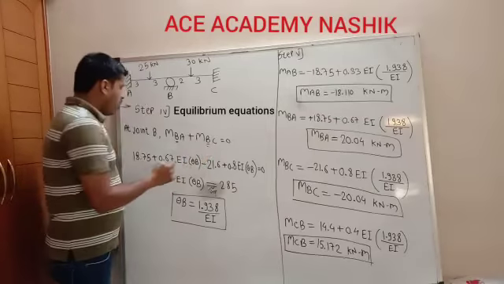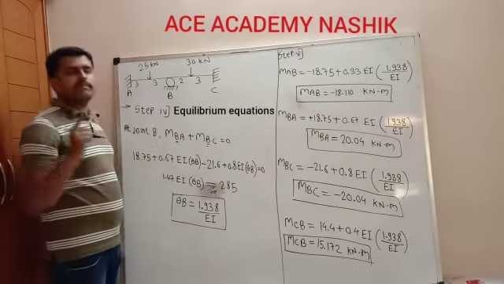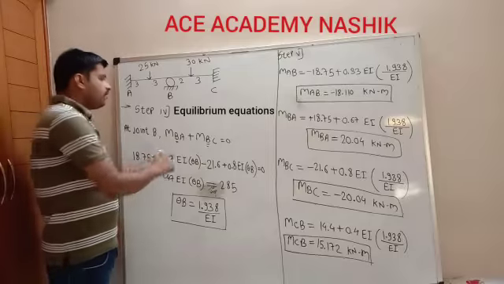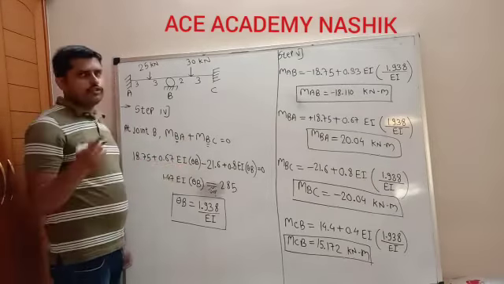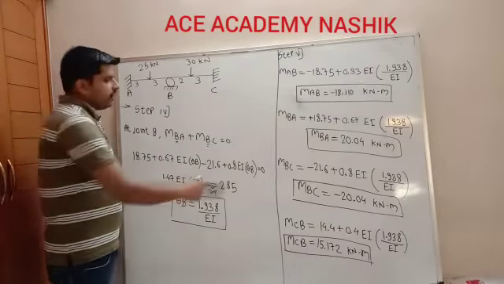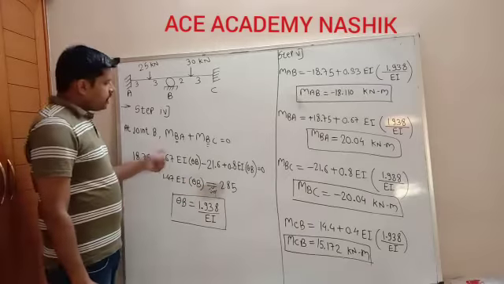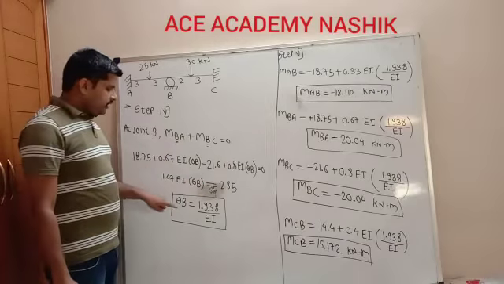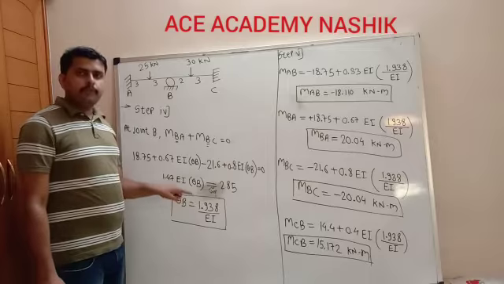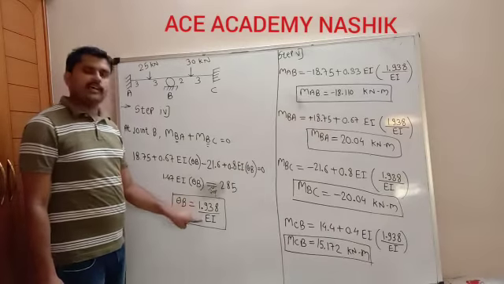Putting the values of MBA and MBC from step number 3, we get theta B as 1.938 upon EI.